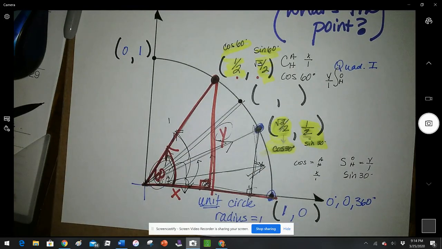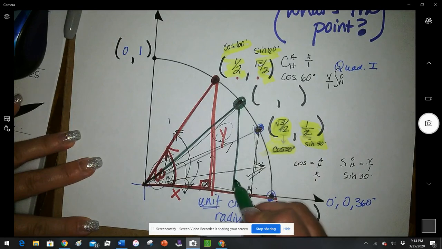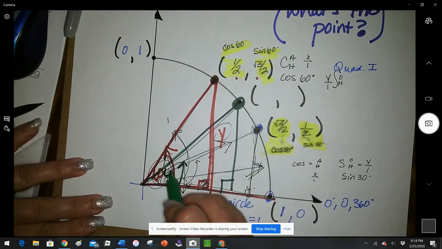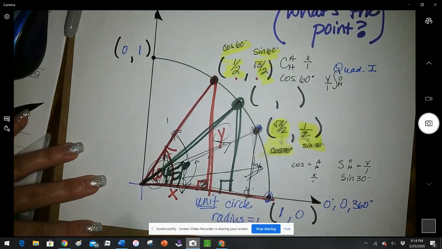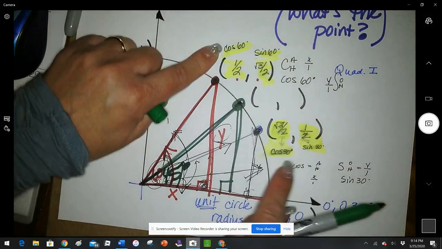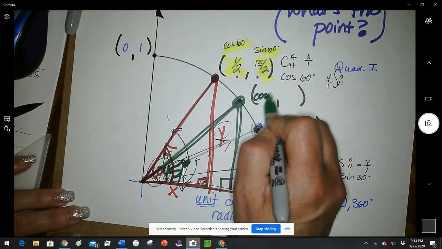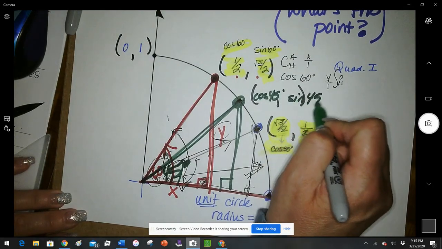Okay, let's take a look at this angle. If you've been paying attention and watching this video at all, even though it's a pretty long one, I'm going to drop a perpendicular. This is a 45-degree angle. And so for this triangle, if you look at our pattern, cosine comes first. I'm going to do the cosine of 45 degrees, and I'm going to put the sine of 45 degrees.